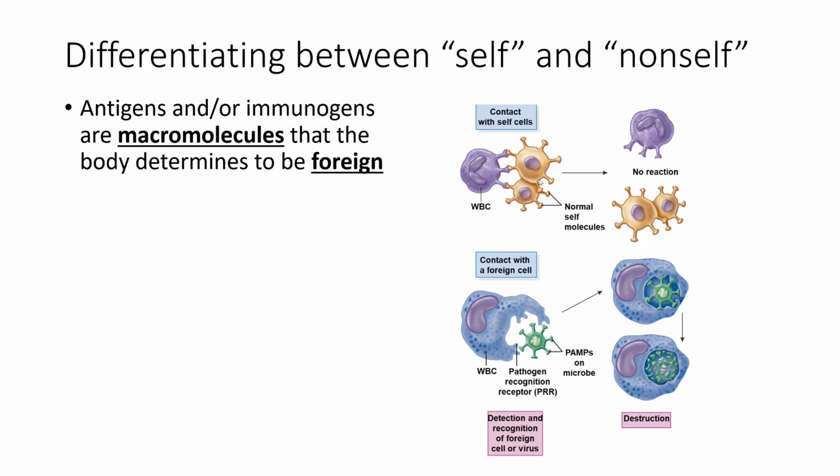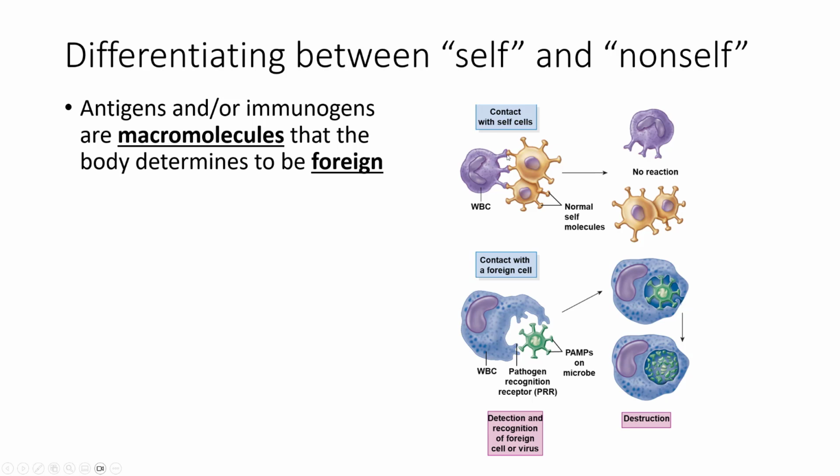Now, one of the key issues with responding to a foreign pathogen is, as I mentioned, these white blood cells are not cells with a brain. So they are cells that kind of feel their way through the world. And the receptor doesn't have a problem-solving brain associated with it. So if it binds to something, it reacts to it.